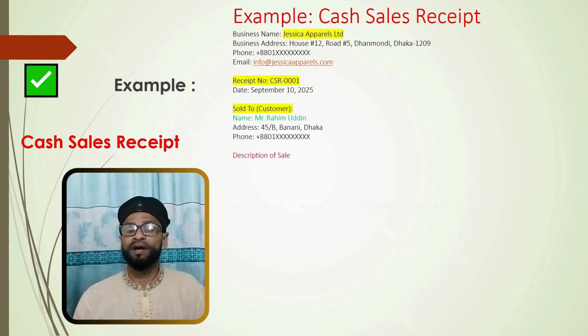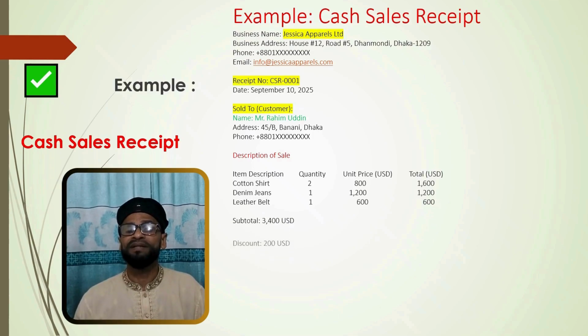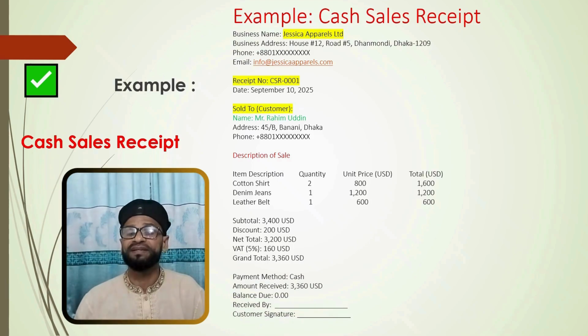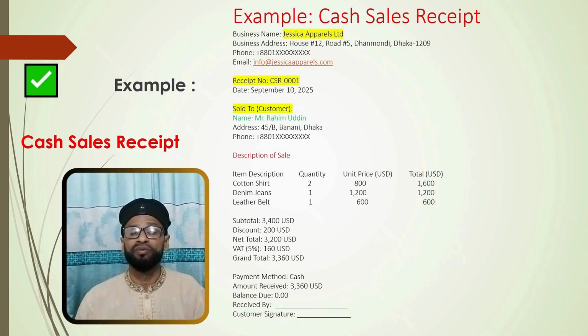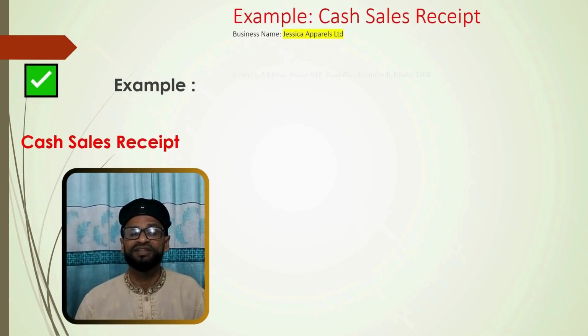QuickBooks Online provides simple tools to handle this transaction, but it is important to know the correct steps. Recording cash sales with discount and value-added tax properly ensures that our sales revenue, discounts given and tax obligation are all reflected accurately in financial statements.